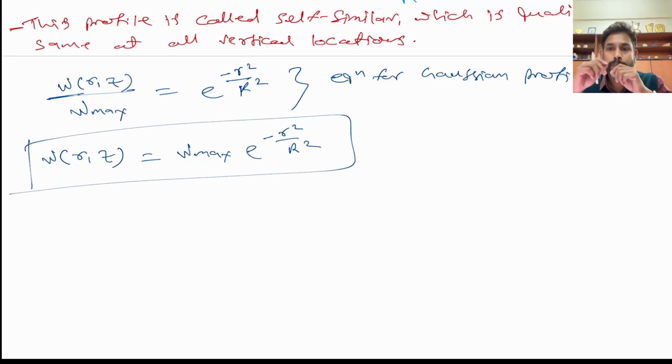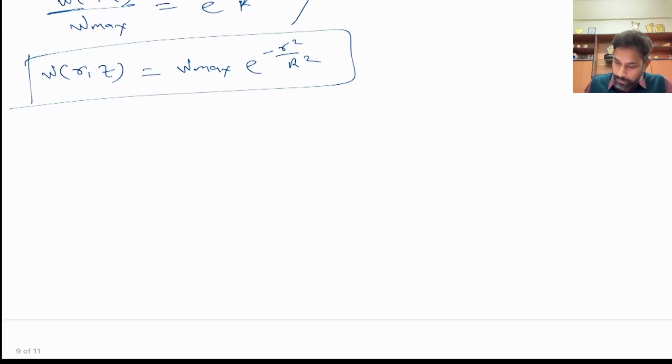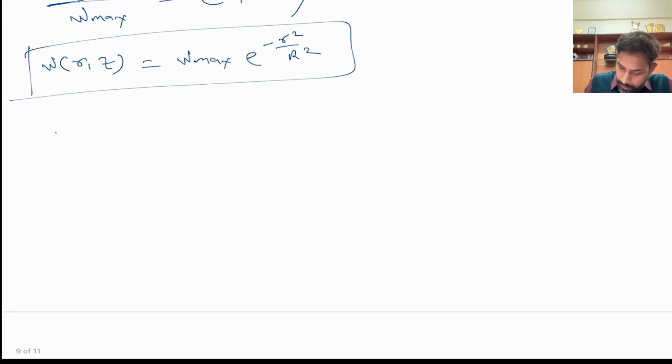So we want to find the velocity, vertical velocity of the plume at different r and z locations, and for that we must find w max first, right? Because small r is the radial location and capital R is the radius of the plume, so we must find w max, or we must define w max. Okay, so what is w max, or how do we find w max?